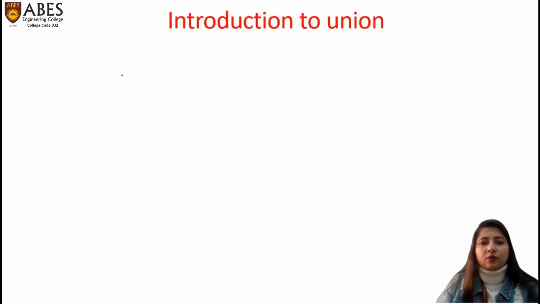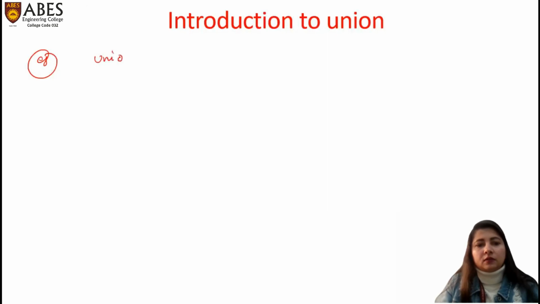Now let's discuss union. Union is almost similar to structure. Let us take an example. The keyword would be union. Then we will write the tag name, for example, student.